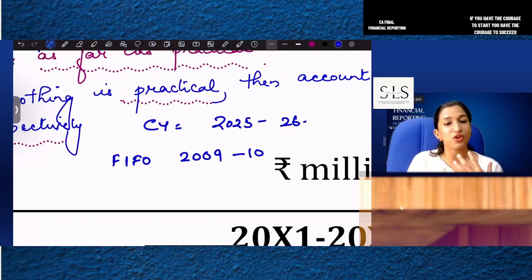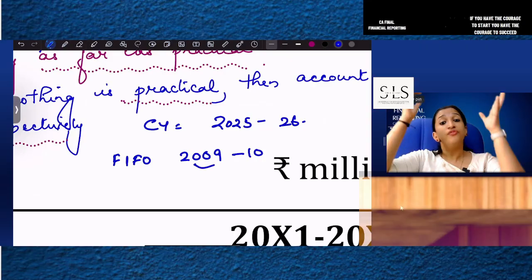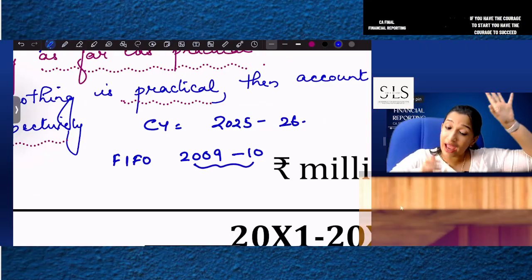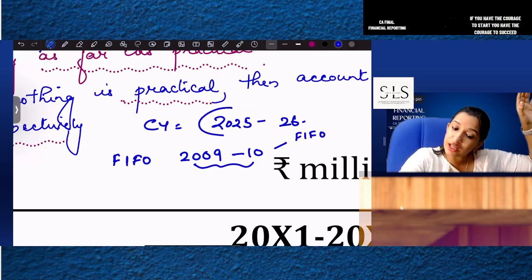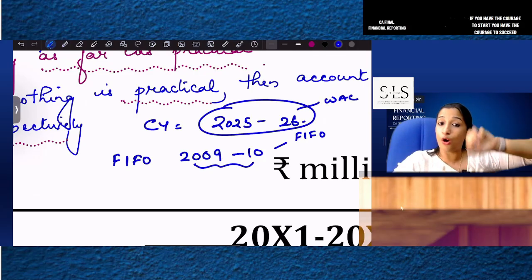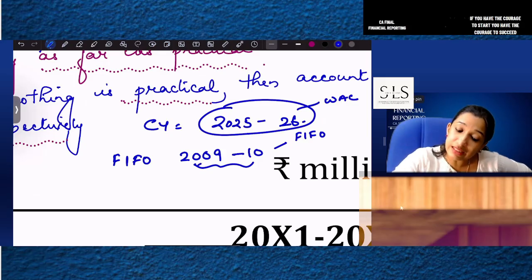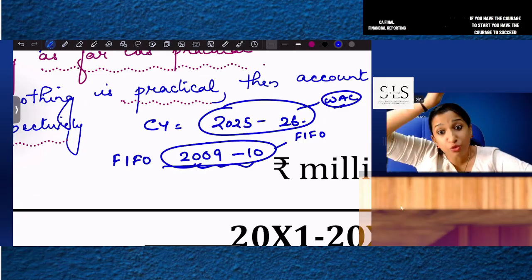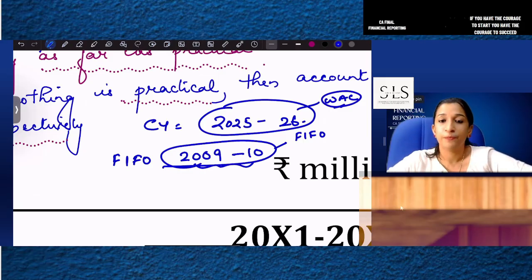Is there any transitional provision available? No, there are no transitional provisions available. Then you go to 2009-10 as if from 2009-10 you are following weighted average cost. You are following FIFO, now in this year you change to weighted average cost. My standard says you go to 2009-10 and apply weighted average cost as if the weighted average cost method you are following from 2009-10 onwards.